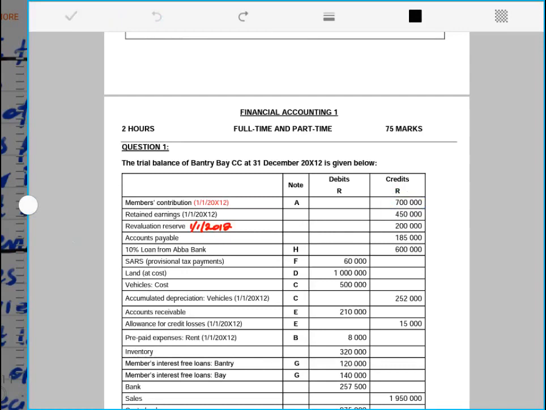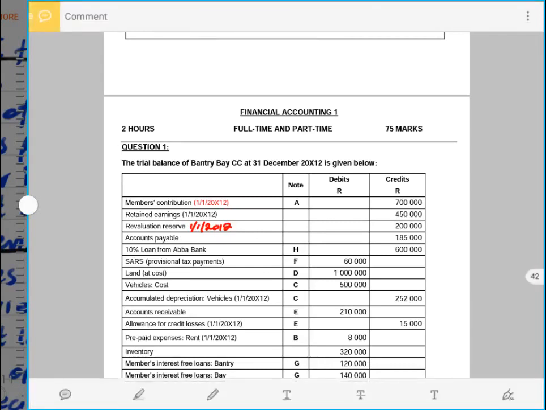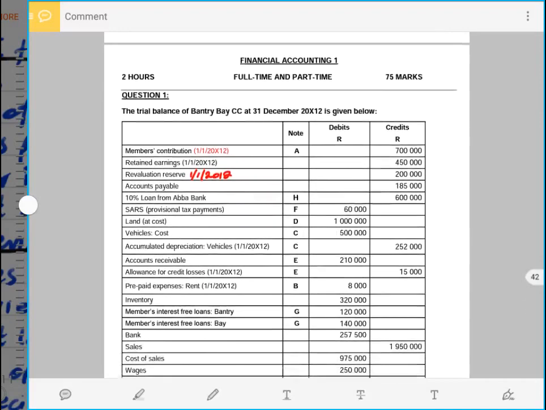So we need to know the members' interest so that we split that 700,000 rands based on the members' interest when we do the statement of changes in equity for the closed corporation.